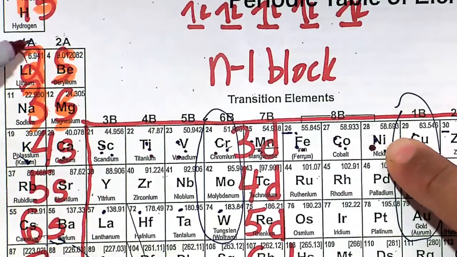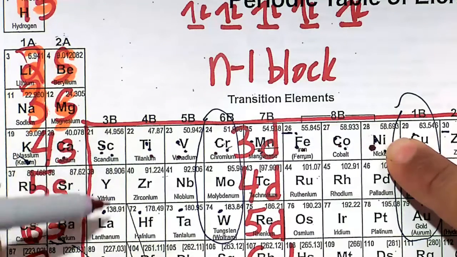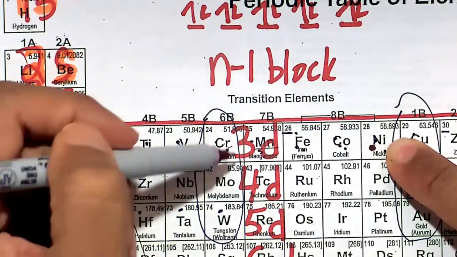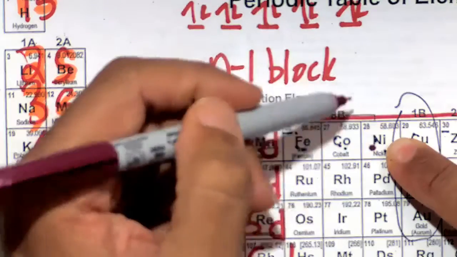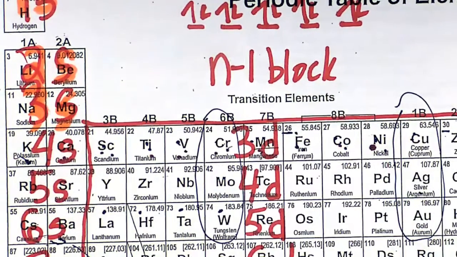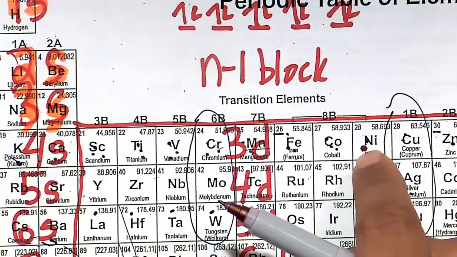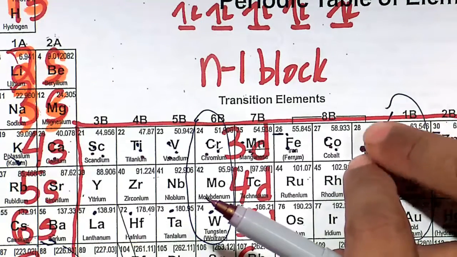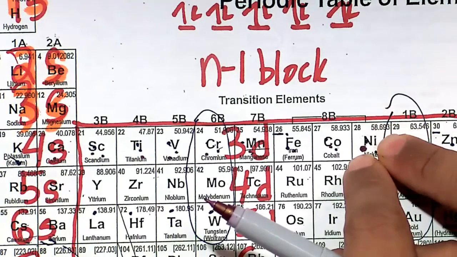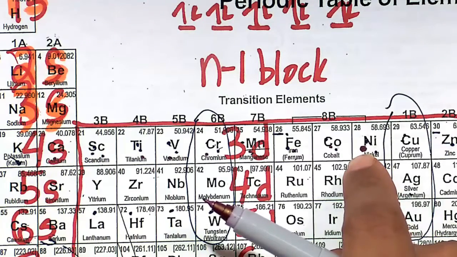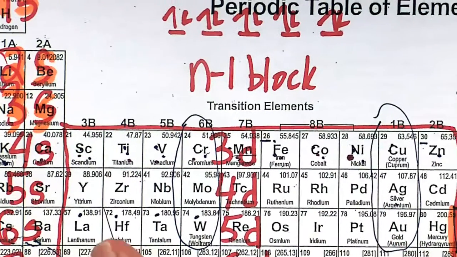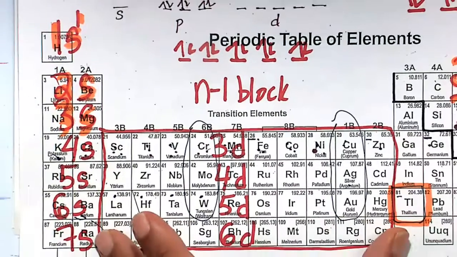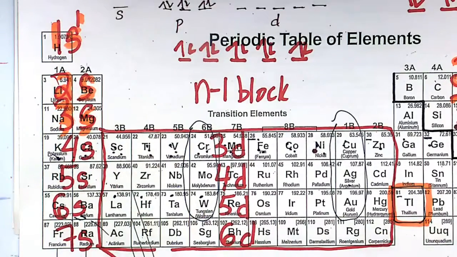Other versions will number it 1, 2, 3, 4, 5, 6, 7, 8, 9, 10, group 10. So this is the electron configuration for nickel, group 8B if you're using this periodic table, or 10 if you're using other versions. This is the d block, the transition metal block, and the group depends on what periodic table you're using.